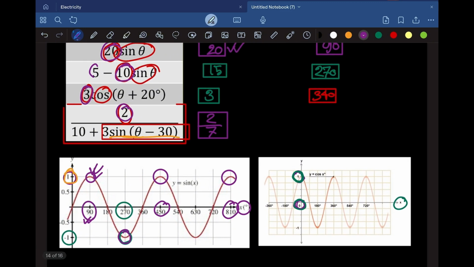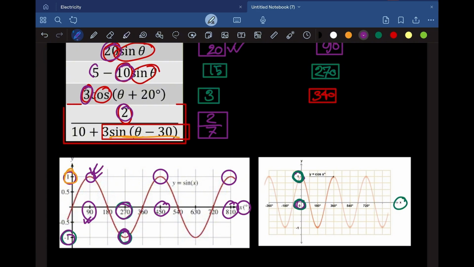Now the main question arises: at what point does this smallest theta value occur? So we know this is 270, right? At 270 this minus 1 takes place.